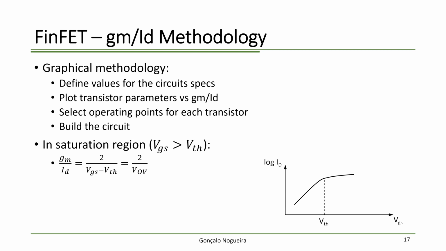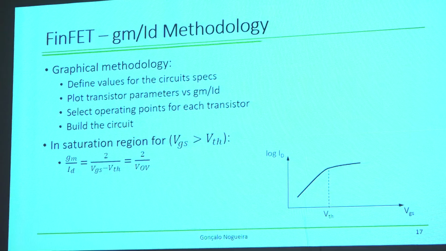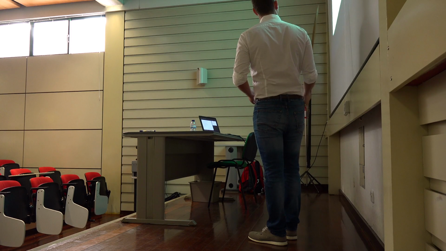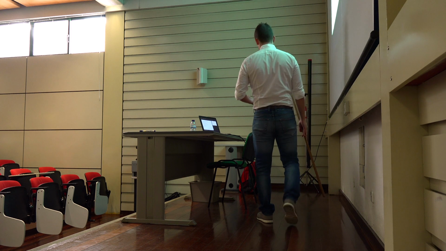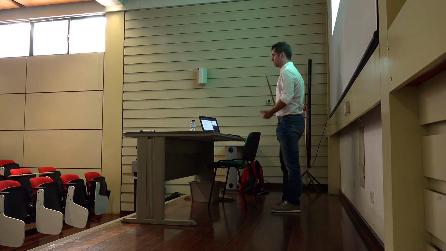For those of you who also haven't thought about it, the transistor is still conducting current when VGS is smaller than the threshold voltage. The thing is that the current the transistor is conducting is so small that you just neglect it. It's not important. But still, it decreases exponentially, and it still exists. This region is usually called the subthreshold region, defined for VGS below the threshold voltage.